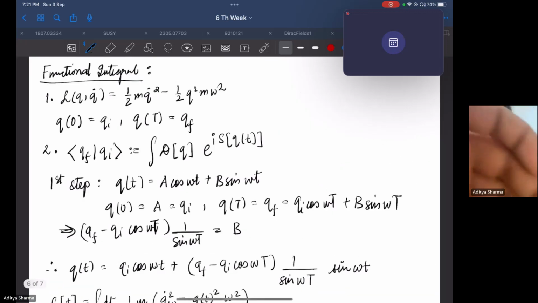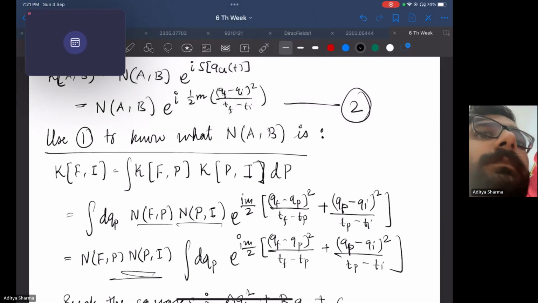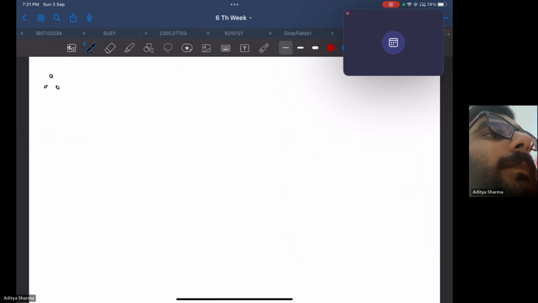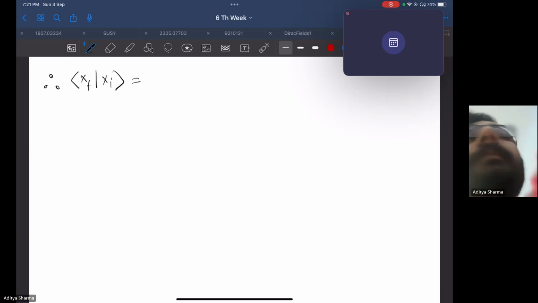Therefore, your solution of the overlap integral of the Green's function is equal to this.